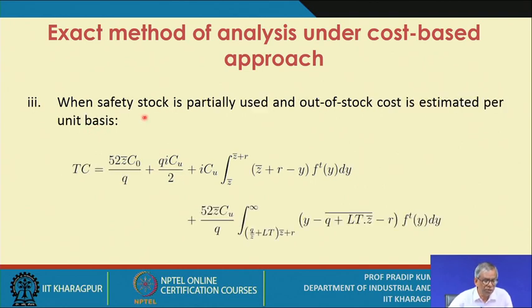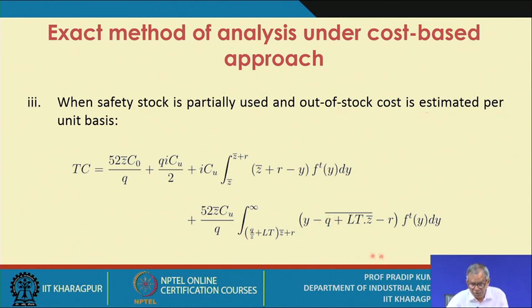In the third case, when the safety stock is partially used, we have already considered this case, that is, you have to change this expression to this one. That means we are assuming that there is a variation in the safety stock, and out of stock cost is estimated per unit basis.